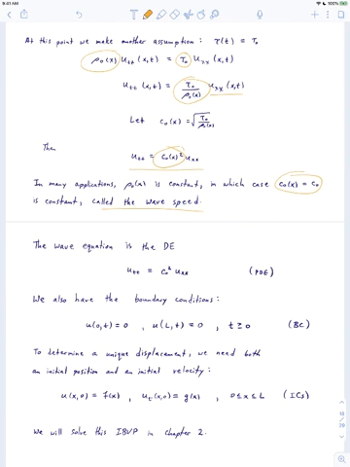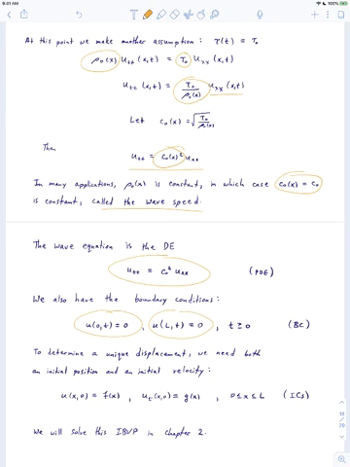The wave equation is the differential equation you see here. The second partial with respect to t is equal to the wave speed squared times the second partial of u with respect to x. We also have boundary conditions. The boundary conditions come about from the fact that the string has its ends fixed. So at 0, the displacement is 0, and at L, which is the other endpoint, the displacement is 0.